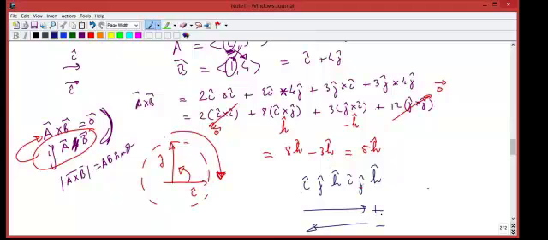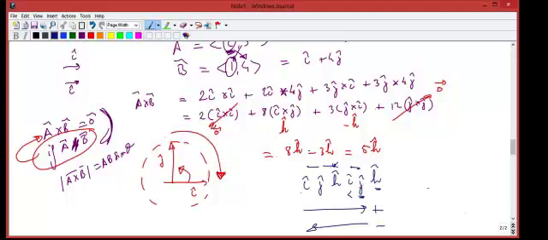J cross k gives you positive I. K cross I gives you positive j. So as you go towards the right, the outcome is always positive. But if you go left, k cross j will give you negative I. J cross I will give you negative k. K cross j will give you negative I, etc., etc.